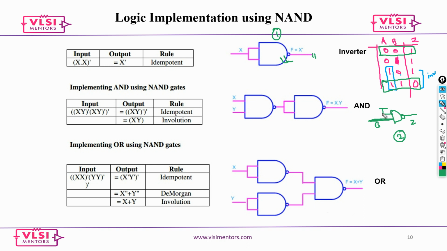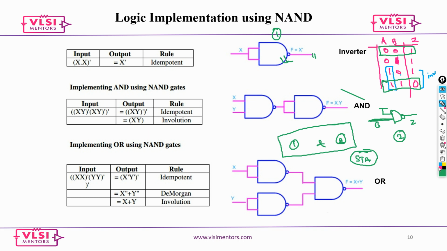The homework for you is, you are building an inverter using NAND, but among these two, which one would you prefer from a static timing analysis, STA, point of view? You have to answer this question probably halfway through the course, when we cover the STA basics. Ideally speaking, which one would you prefer? That's your homework.